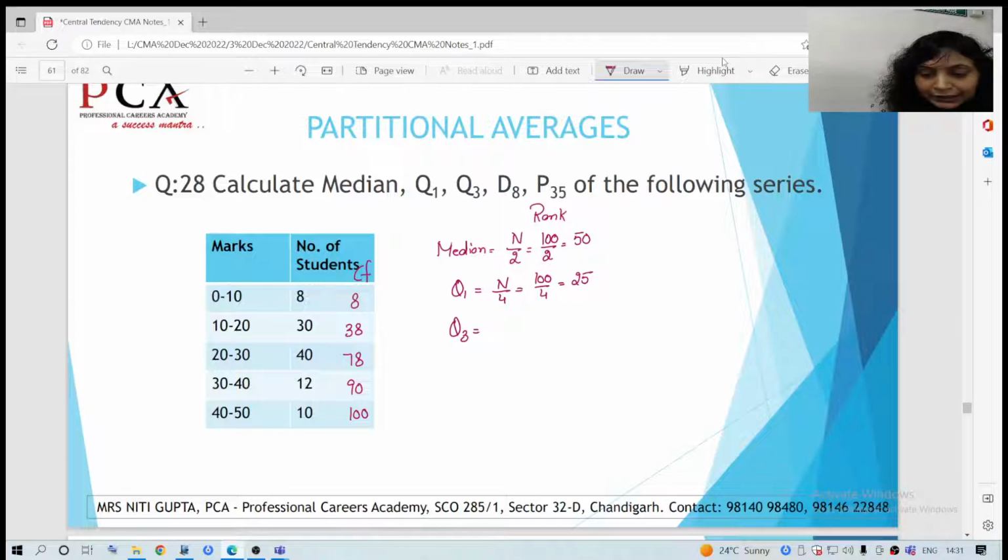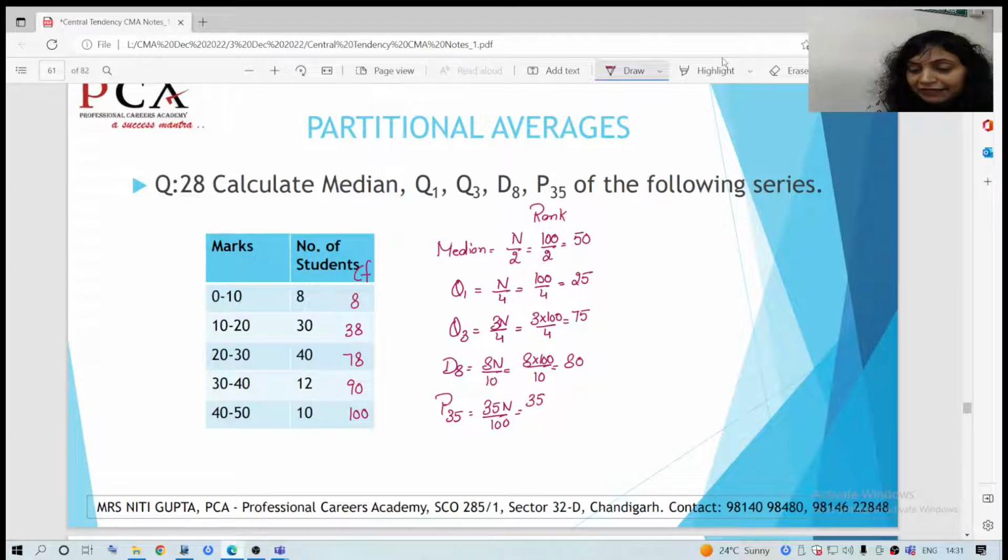Rank of Q3 is 3n by 4, that is 3 into 100 by 4, equal to 75. Then D8 is 8n by 10, that is 8 into 100 by 10, which is 80. And next is P35, that is 35n by 100, so 35 into 100 by 100, which is 35. So first we have computed the rank of all the partitional averages.